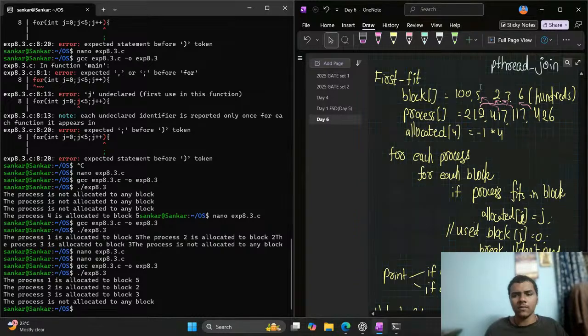Wait, what? Block 4 is bigger, right? Block 4 is bigger. Process 1, 1, 2, 3, 4, 5. Process 2 and process 3.